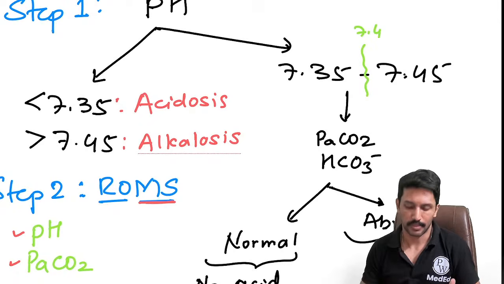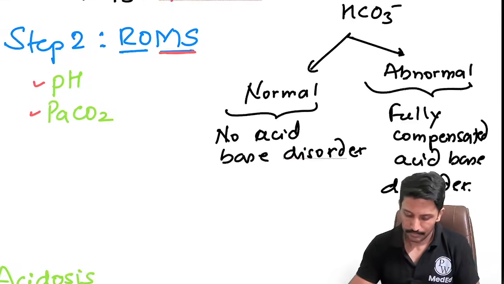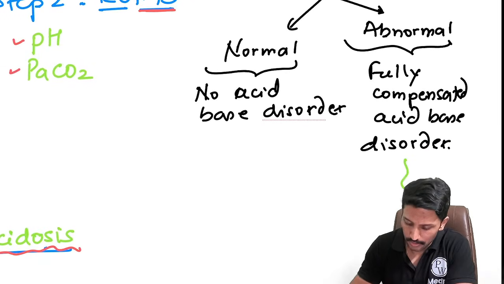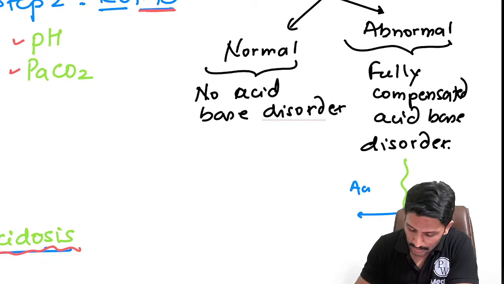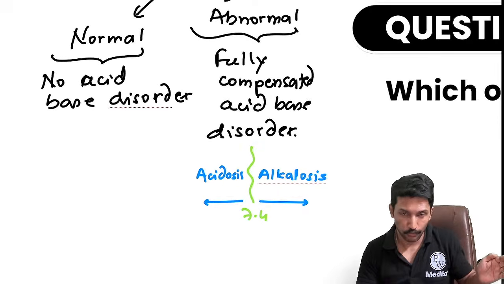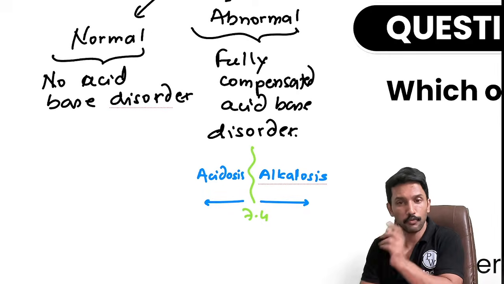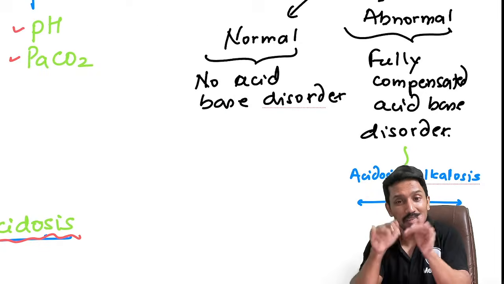On the side less than 7.4, you will call it acidosis, and if it is more than 7.4, you will call it alkalosis. Less than 7.4 acidosis, more than 7.4 alkalosis. Where are we using 7.4 as a cutoff? If the pH is in the normal range.